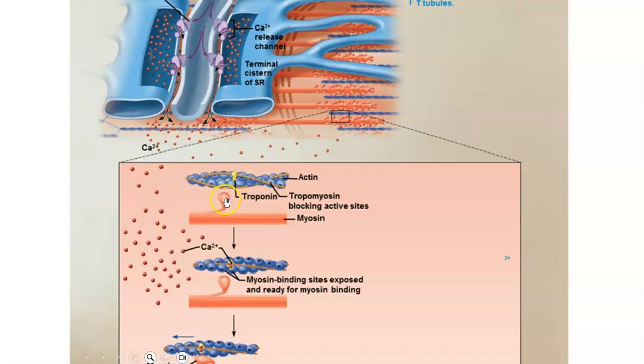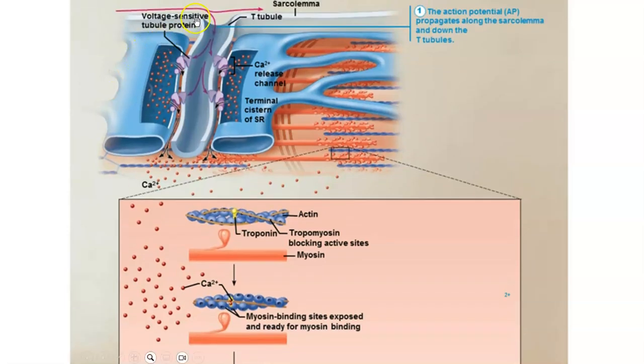So when a contraction happens, myosin must bind to those binding sites on actin. Well, that is triggered by the release of calcium. Once the action potential travels down the T-tubules and reaches the terminal cisterns, they release calcium, and calcium attaches to troponin.